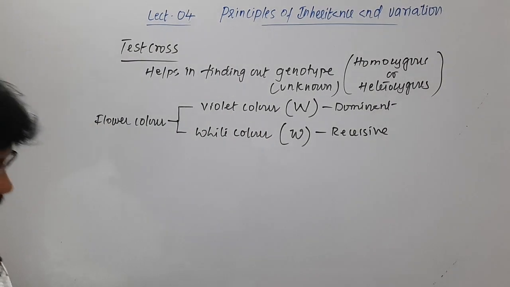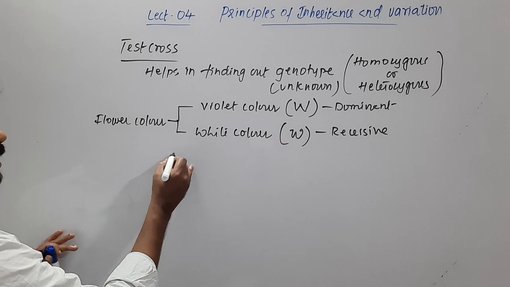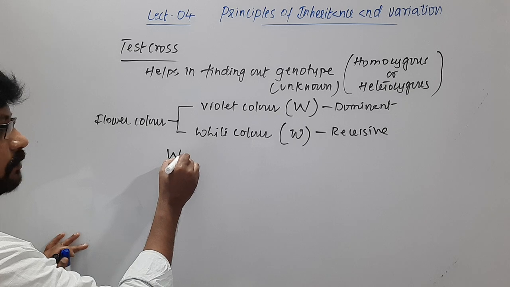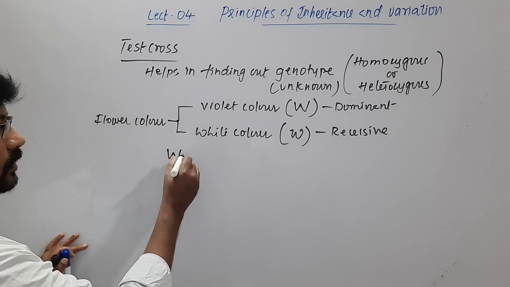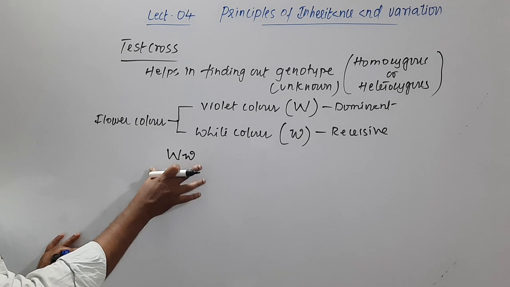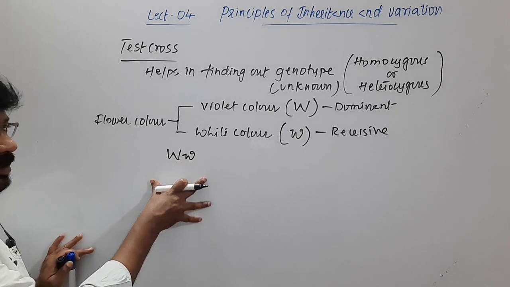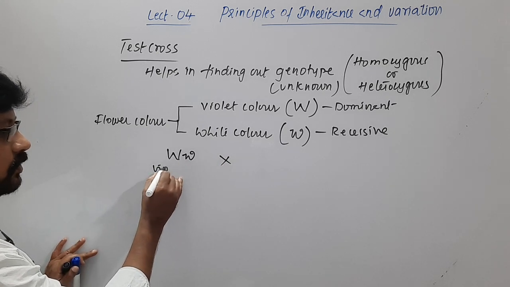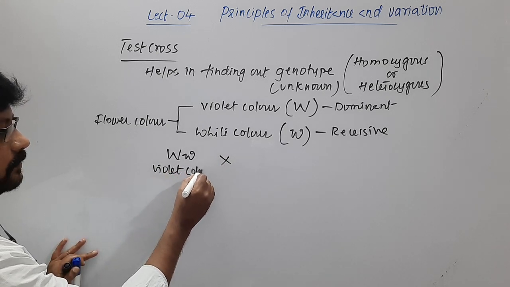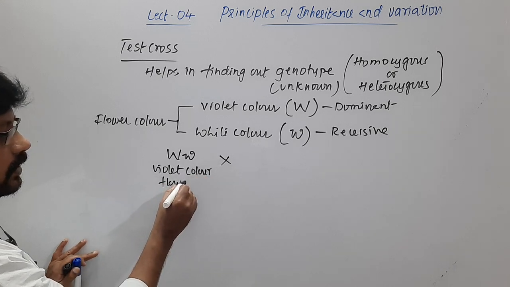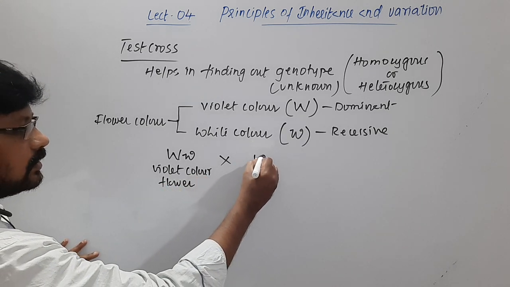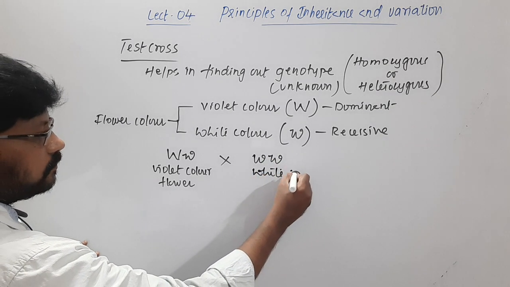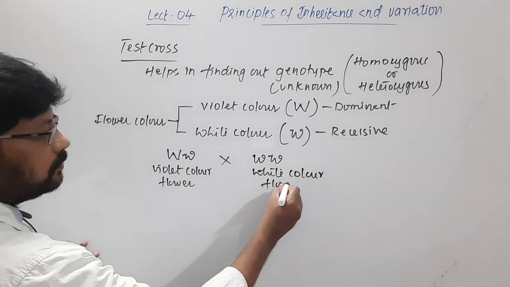Now let us see this. We'll take heterozygous, capital W, small w. Of course we do not know whether this is heterozygous or homozygous. I'm going to cross this violet colored flowered pea plant with the white colored flower pea plant.